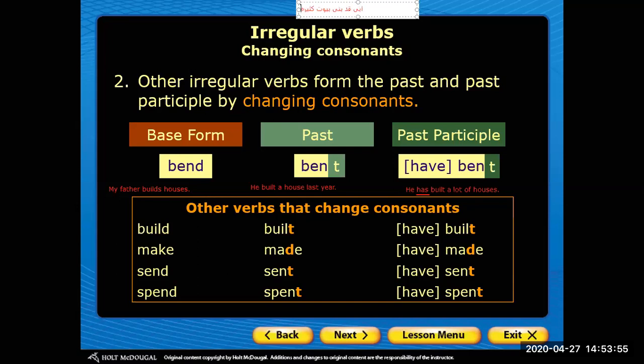I'm going to give you a choice here. Should I say قبل or العام الماضي? Which one should go better here? Should I say أبي قد بنى بيوت كثيرة قبل or أبي قد بنى بيوت كثيرة العام الماضي?